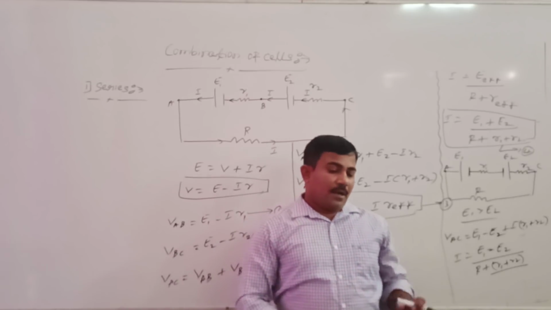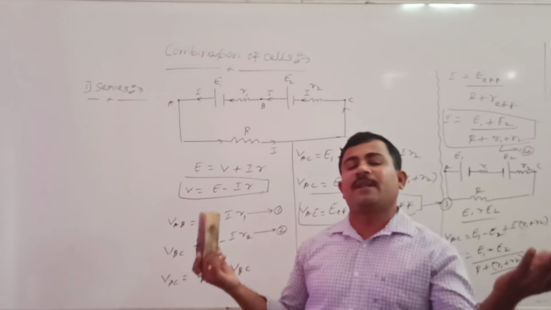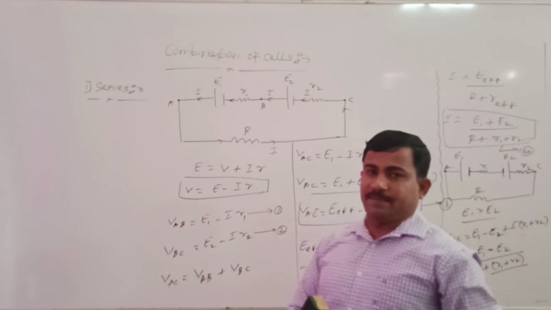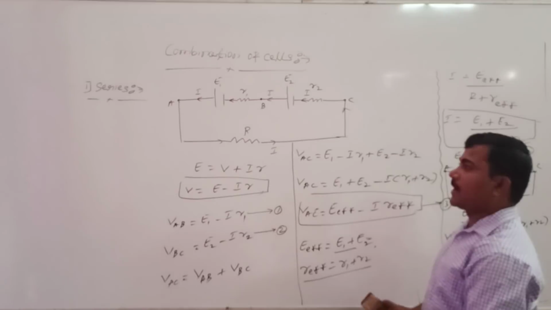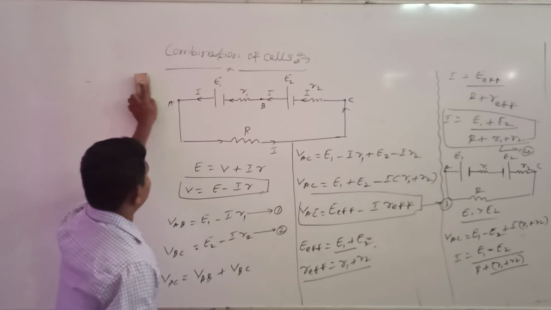Right. Now let us see if the number of cells are connected in parallel combination. That we will see, the number of cells connected in parallel combination.